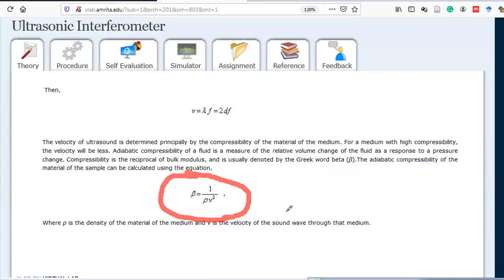The same thing will happen if your ultrasonic waves are moving through the liquid. That means the liquid is compressing somehow, then only is movement possible. Are you getting that? If you claim that ultrasonic waves are passing but the liquid is not compressing, then it is not at all possible. It is like you are throwing a stone into the water, but the stone is not going down, it is on the surface only.